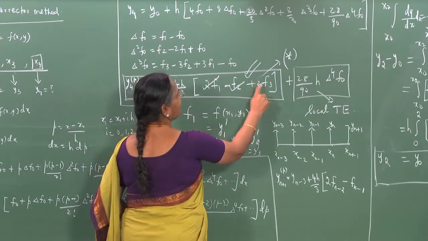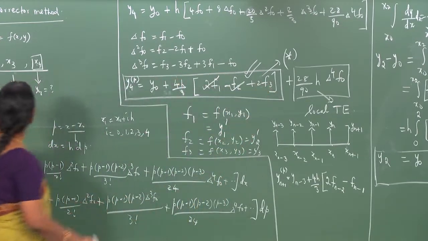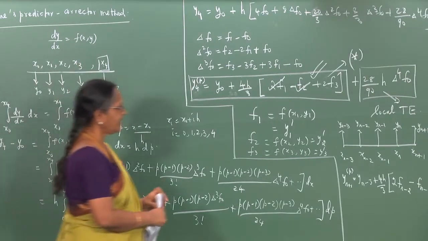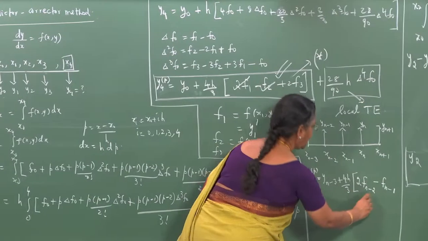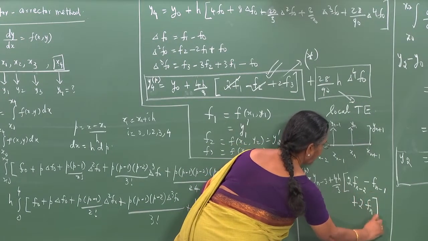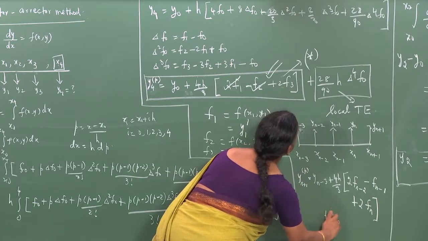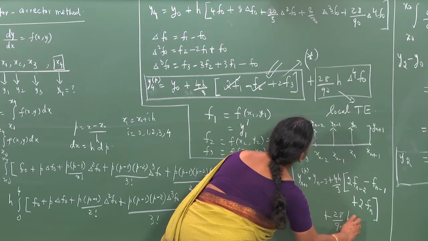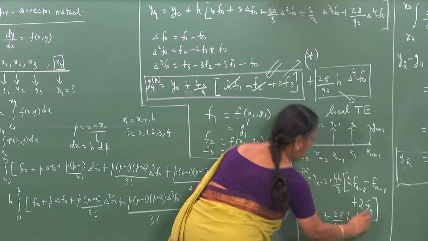And then I have twice f3, namely the value of the function at x3 y3. So, in this case it is going to be plus twice fn, and the local truncation error is 28 by 90 into h into del to the 4 fn.